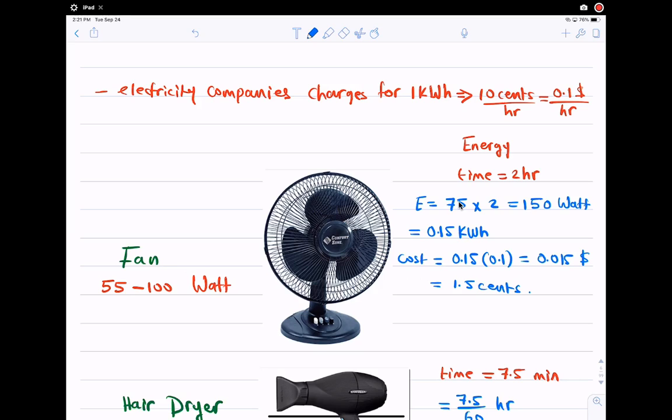Because this is watt, this is hour, so you get watt hour, and kilo means 1000, so it's 0.15 kilowatt hour. If we multiply this by the price of each kilowatt hour, which is 10 cents, you get 1.5 cents or $0.015. So if you pay 1.5 cents, you can use this fan for 2 hours.